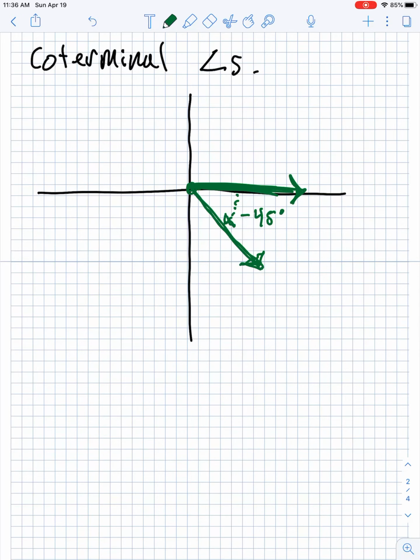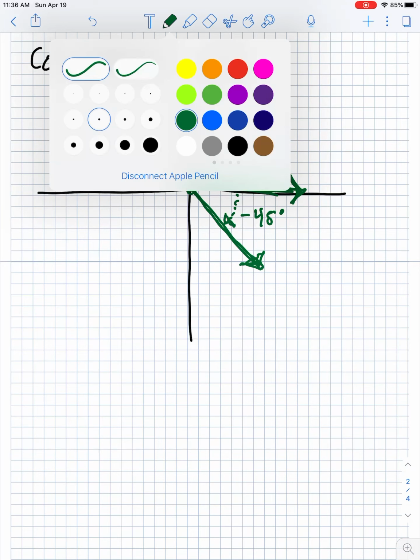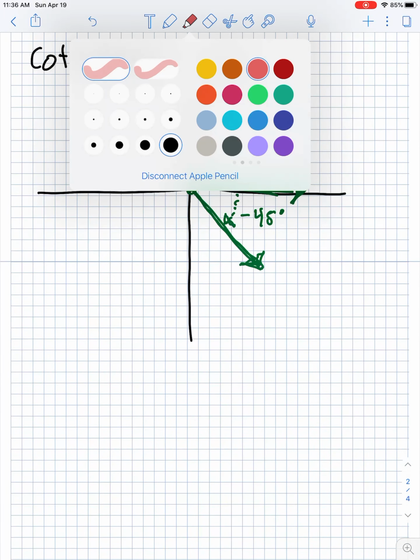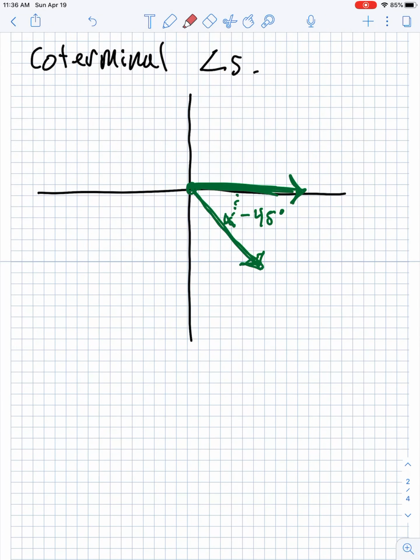Now, a common test question is like, find an angle that's coterminal with negative 45 degrees. What you're going to want to do is find the angle that starts from the positive direction and goes all the way around to the back side. If you think about how far that other angle went, from here to here, that's 90 degrees.